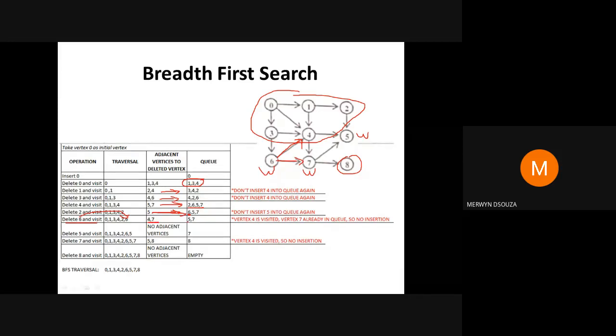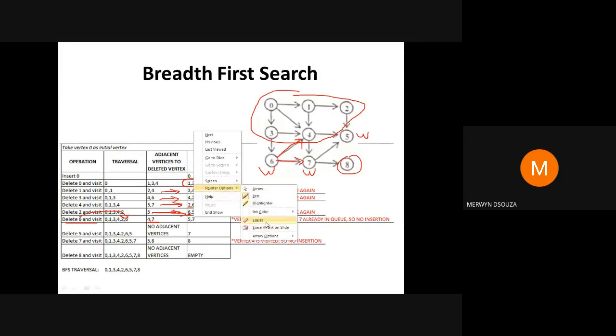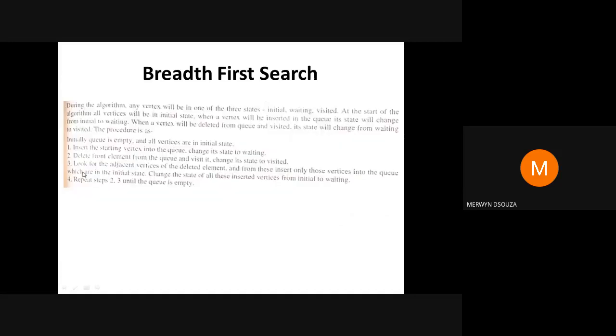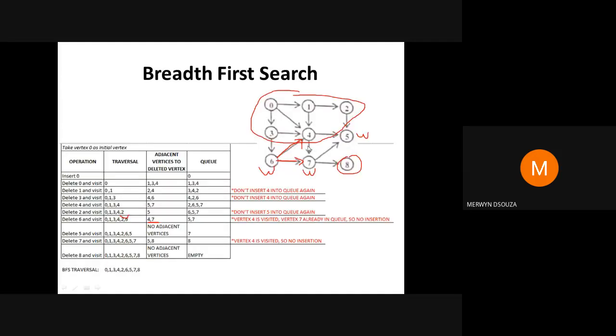Now next step, you have to read this. What you're going to do is insert only those vertices into the queue which are in the initial state. Check whether 4 and 7 are in the initial state. If they are in the initial state, they'll have one circle like this.